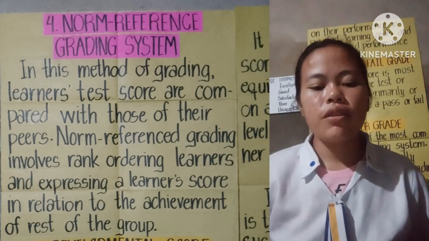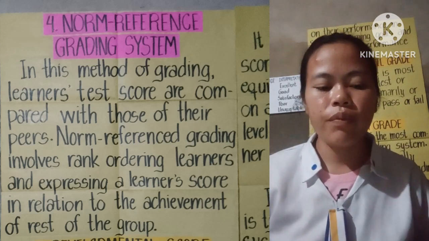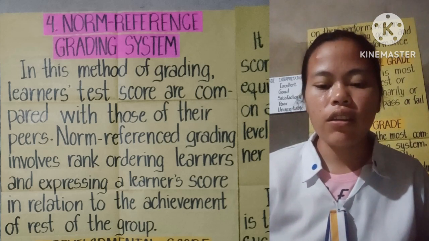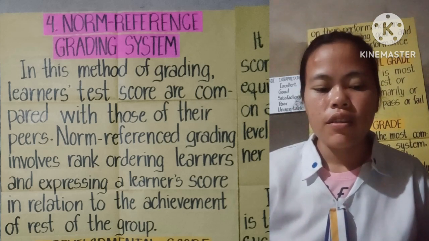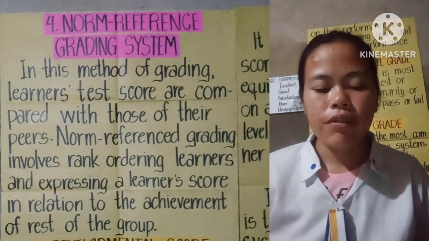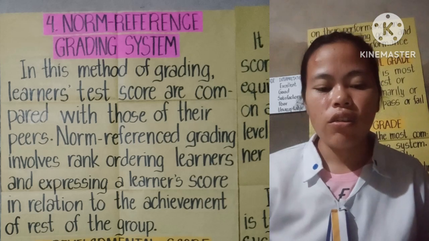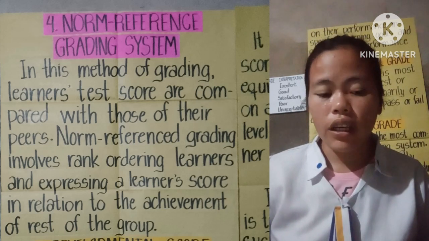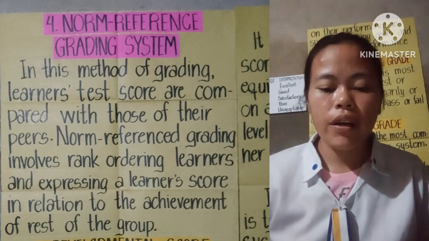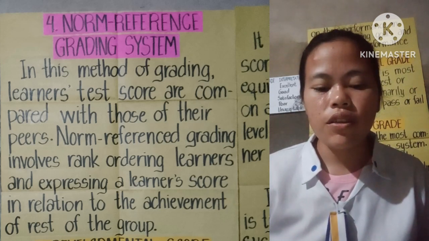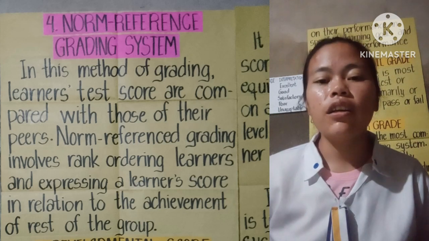So, norm reference grading allows teachers to, 1. Compare learners' test performance with that of other learners. 2. Compare learners' performance in one test or subtest with another test or subtest. And number 3, compare learners' performance in one form of the test with another form of the test administered at an earlier date.